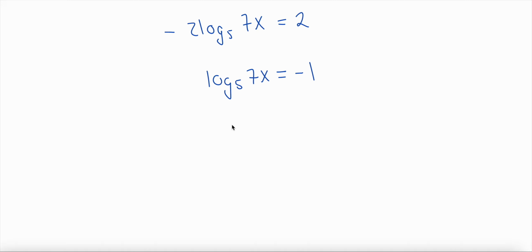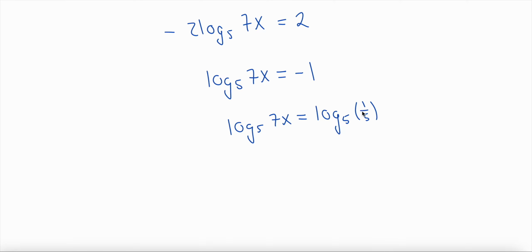And we want to do the same thing here. We want to have logarithms on both sides with the same base. So we can go ahead and write our log base 5 of 7x equals log base 5. And we need to figure out what goes in here. Well, what's going to go in here is what 5 raised to the negative 1 is. And 5 raised to the negative 1 is going to be 1/5.